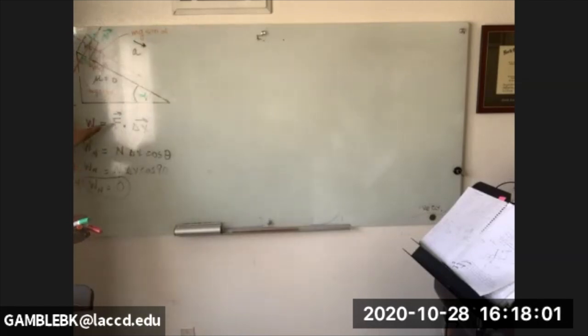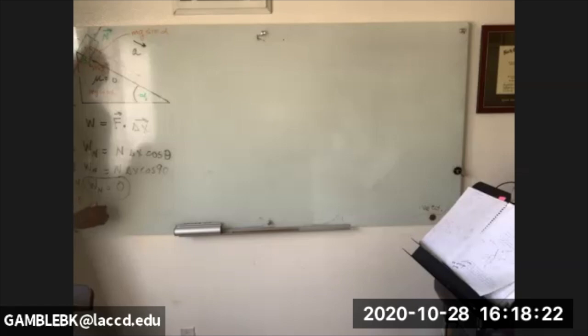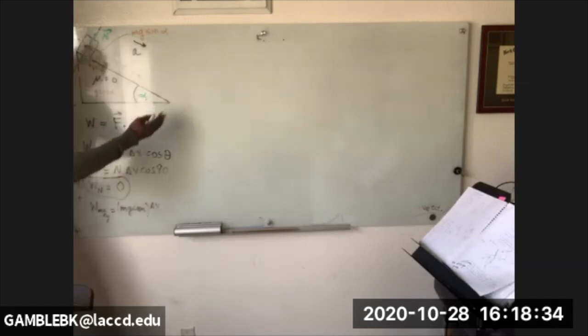So that's what I'm pointing out. This angle alpha, if we actually worked it out, we would write it like this. The work done by the y component of the weight, mg y, is equal to mg cosine alpha, which is the force, times delta x, which is the length down the plane, whatever that is.